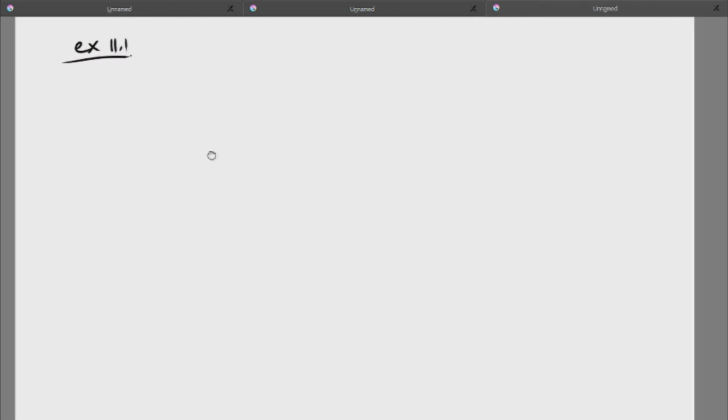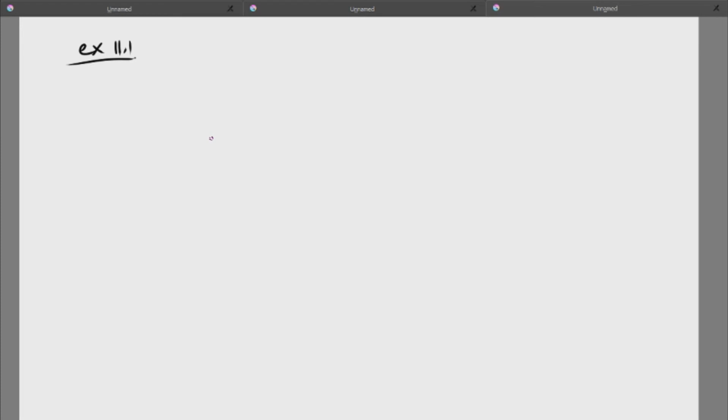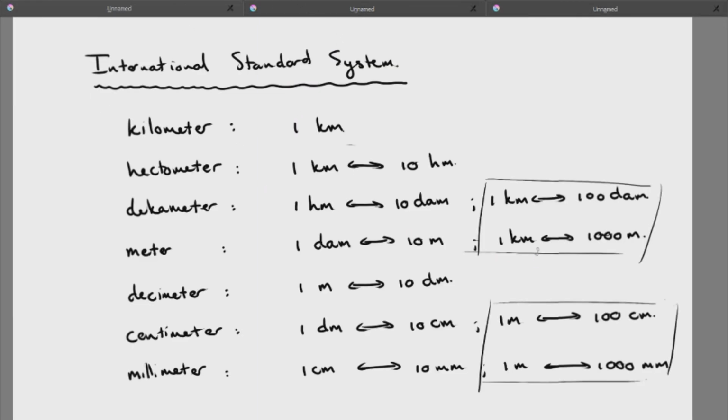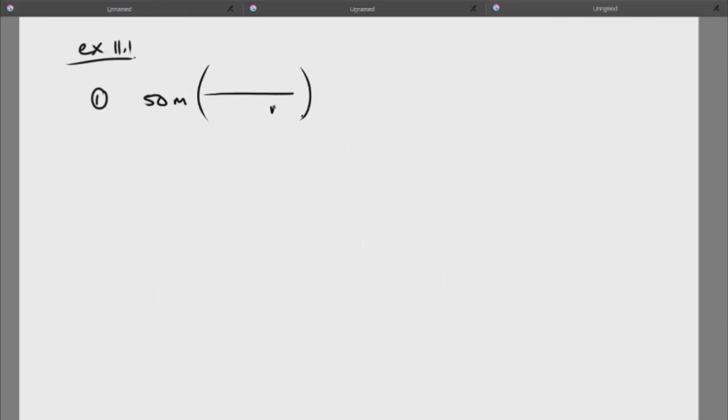My approach doesn't need to change. I need to convert 50 meters into kilometers. So I'm going to have my reference pair. Looking at my table, I have kilometers and meters as the second one in the first box. I just need to position the meter unit at the bottom and the kilometers at the top. 1 kilometer, 1,000 meters.